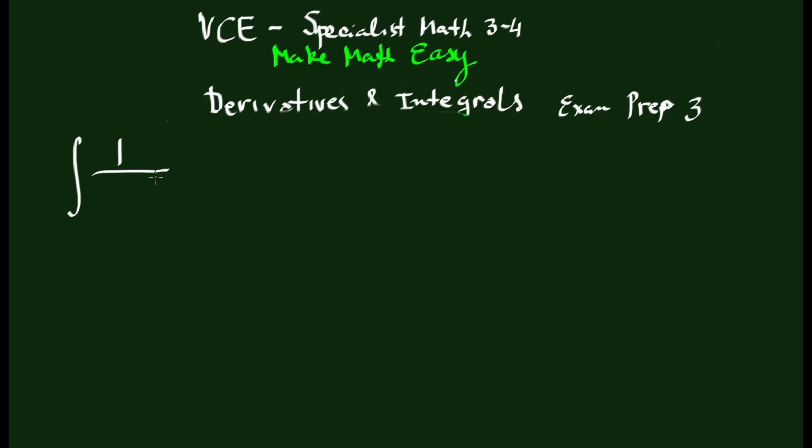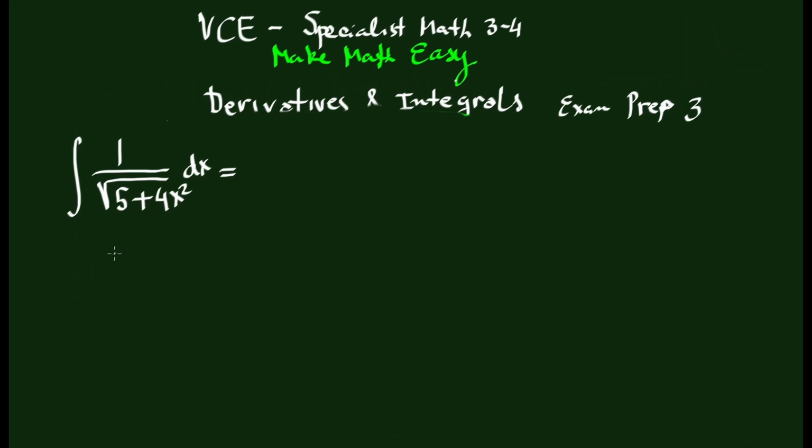So we have 1 divided by the square root of 5 plus, that's our trick, plus 4x squared dx. Because it's plus under the square root, there is none of those that you already know that we can adjust to the known integral. So we have to do some substitution, but which one?